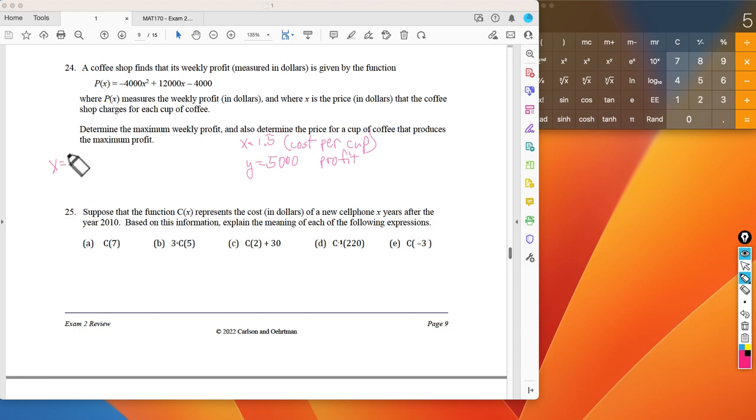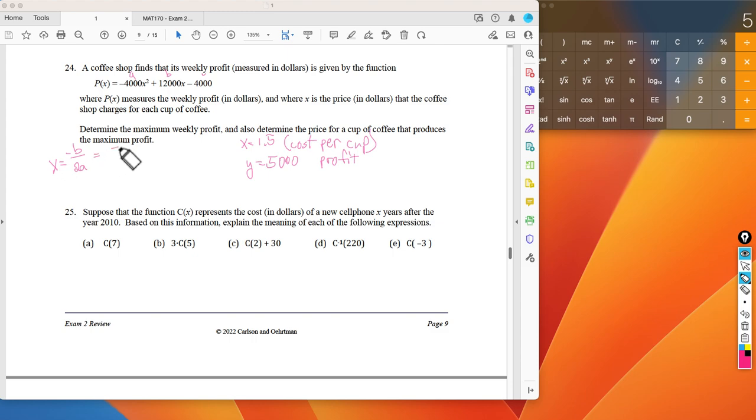Remember, it's minus b over 2a, where a is the coefficient of the x squared, b is the coefficient of the x, the second term, and this would be c, but we don't even have c in here.